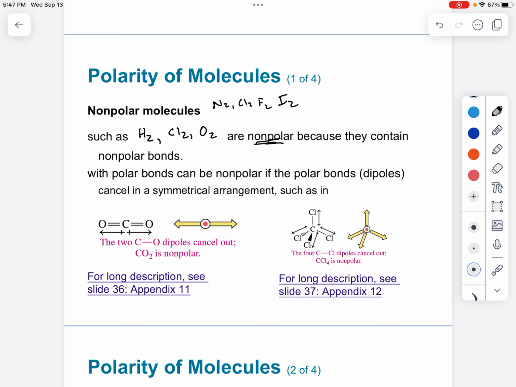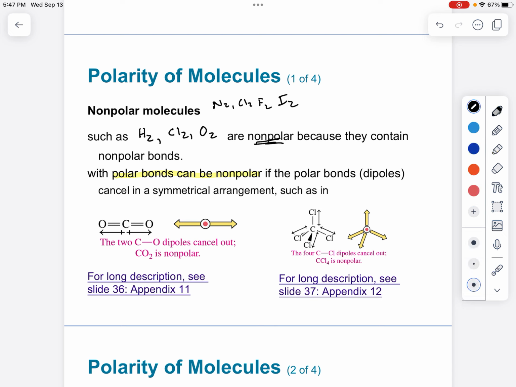Those are all going to be nonpolar because they do not have polar bonds. So any molecule that only has nonpolar bonds will be nonpolar. However, it is possible to have a molecule that has polar bonds but is nonpolar. And two examples are actually shown here.